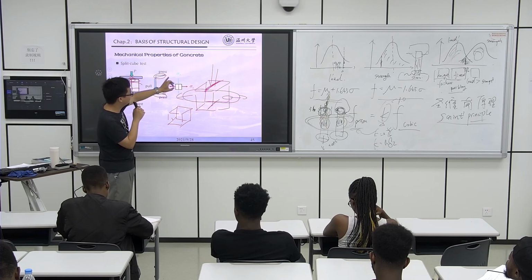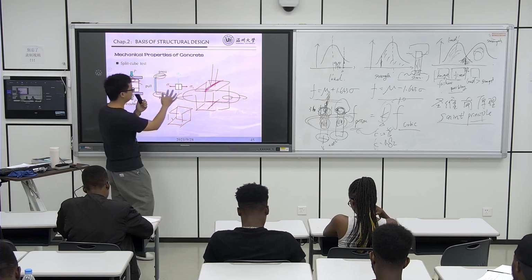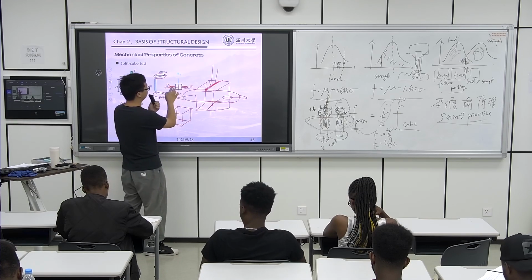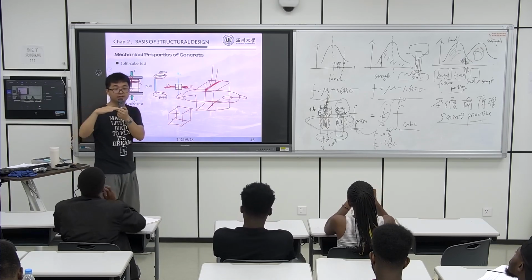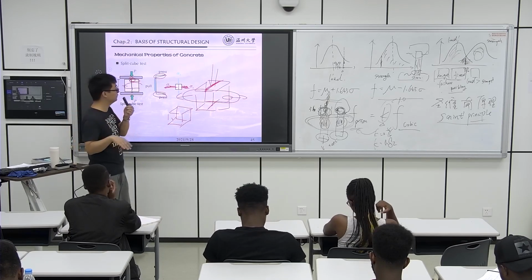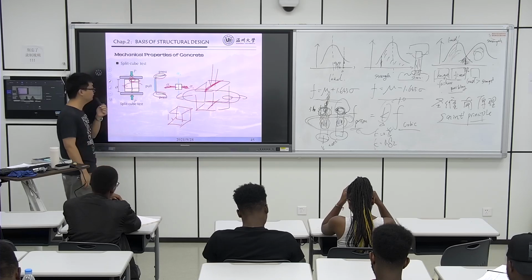We give force in this direction, and in this direction, they will have a transverse deformation. That means the material in this transverse direction is under the tension.